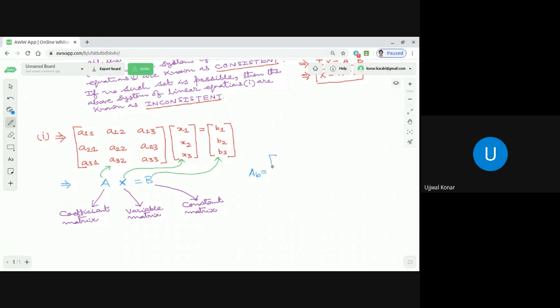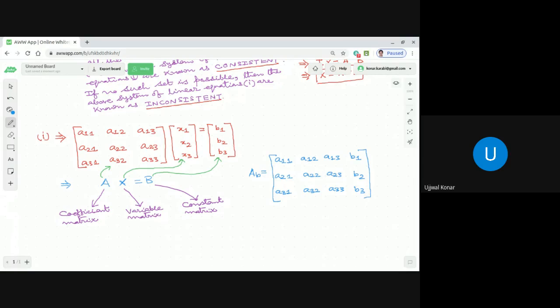It contains all the elements of the coefficient matrix, that is, A11, A12, A13, then A21, A22, A23, then A31, A32, A33. Then we add one more column, B1, B2, B3, which are the elements of the constant matrix.